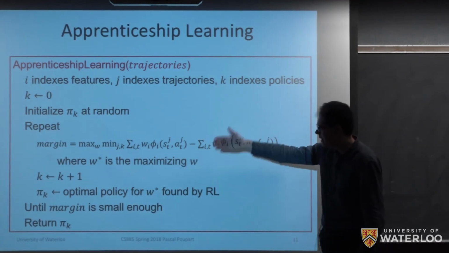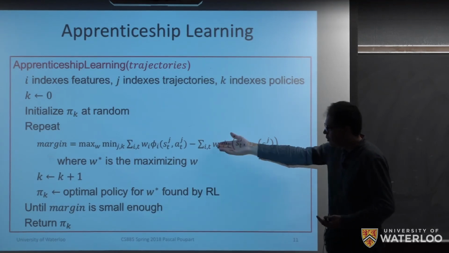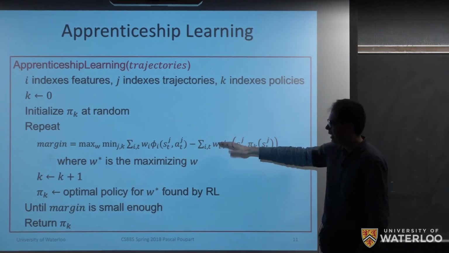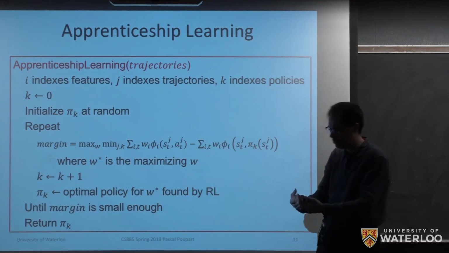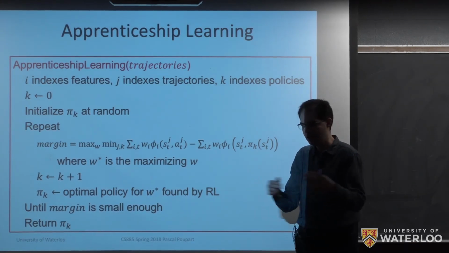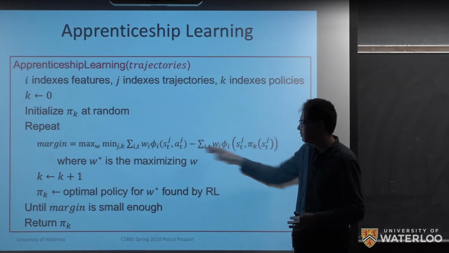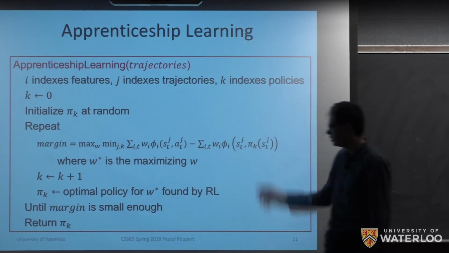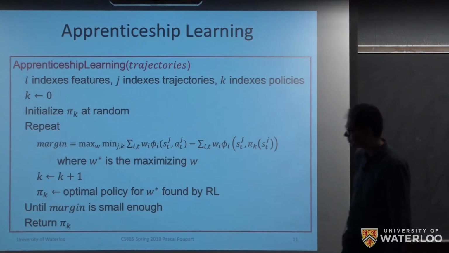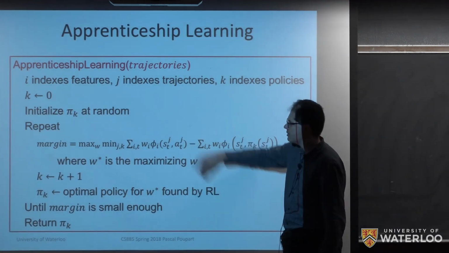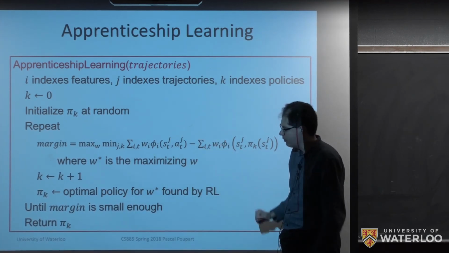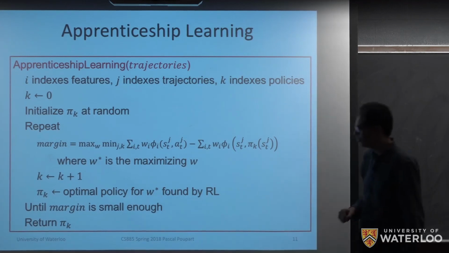It's an iterative scheme where we simply generate policies, one at each iteration, and then simply verify after that that the reward function will make sure that the expert trajectories give us rewards that are at least as large as if we executed some other policy. Okay, so that's the algorithm in a very brief explanation with some pseudocode.